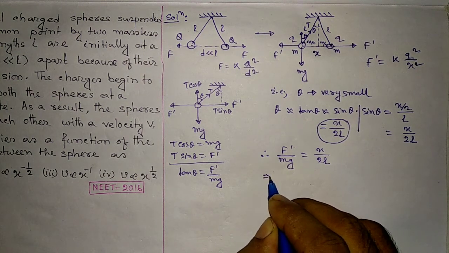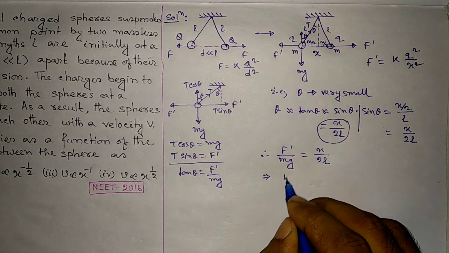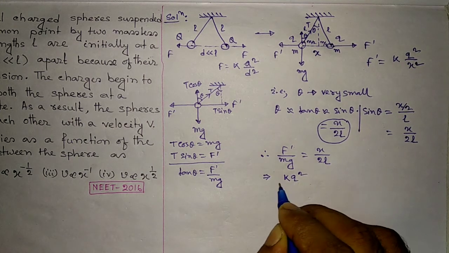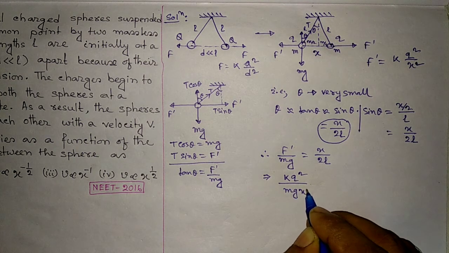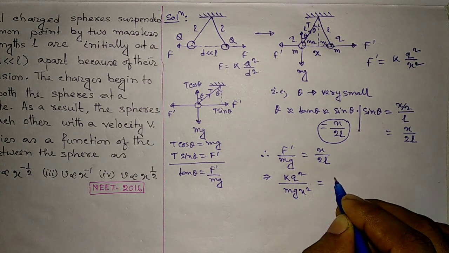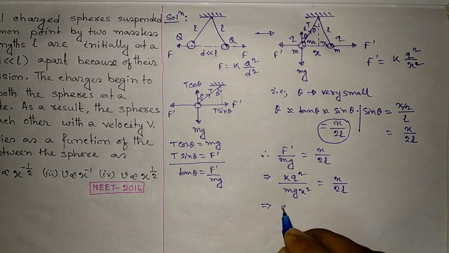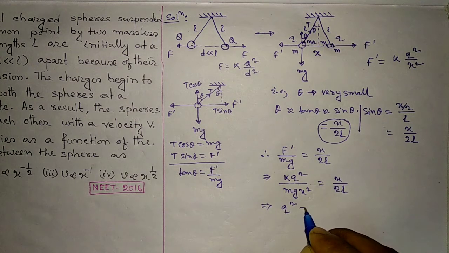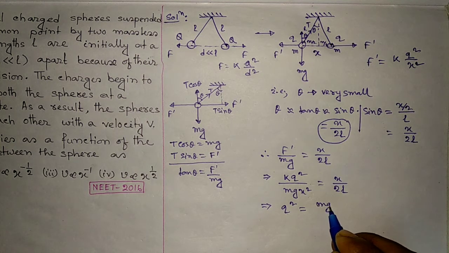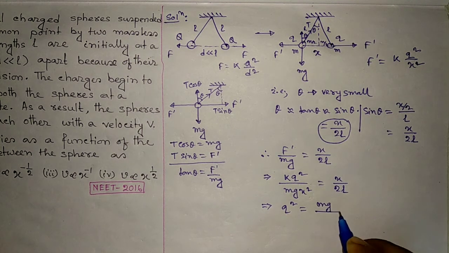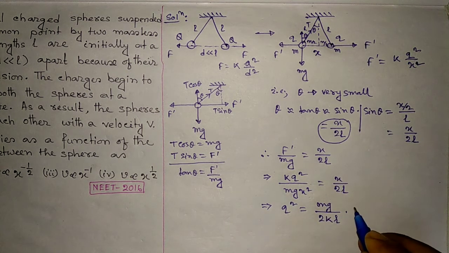Now the value of F dash is k q square divided by x square, so k q square by mg x square is equal to x by 2L. Now q square is equal to mg divided by 2kL into x cube.